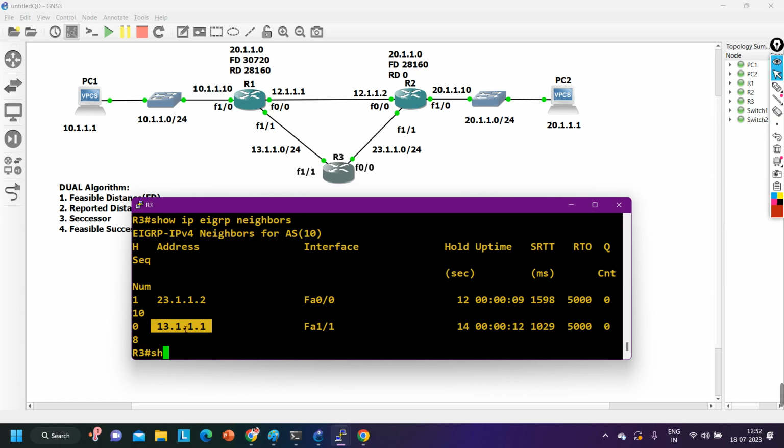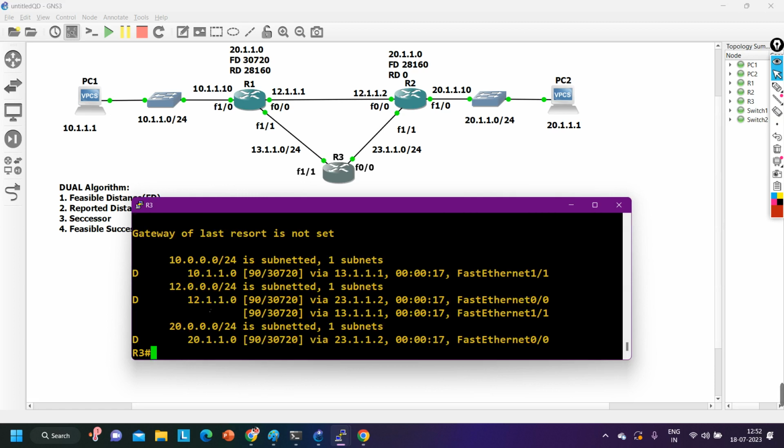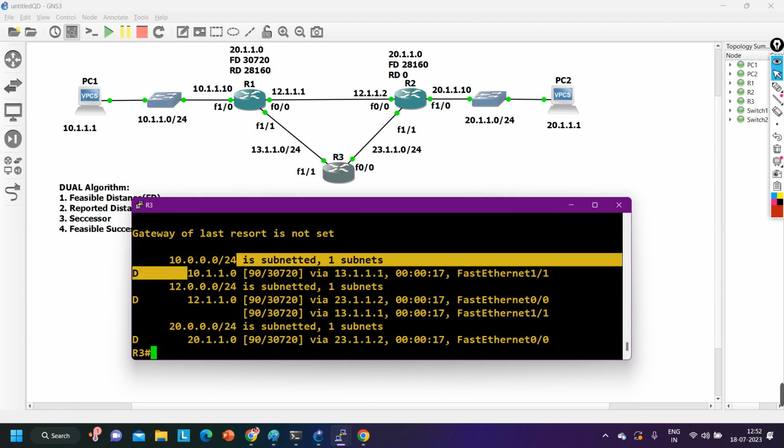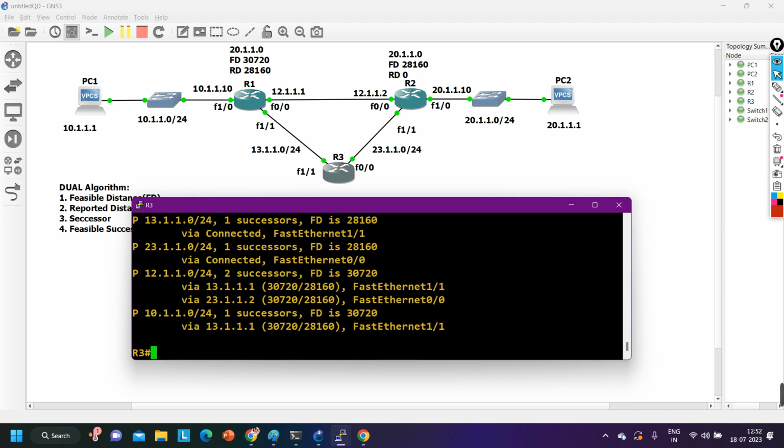Done. So show IP route EIGRP, it has learned this network and this network, 10.1.1.0 also and 20.1.1.0 also. Show IP EIGRP topology.